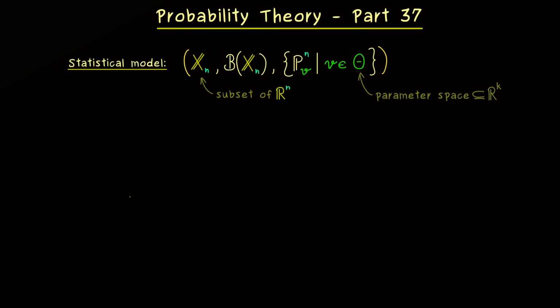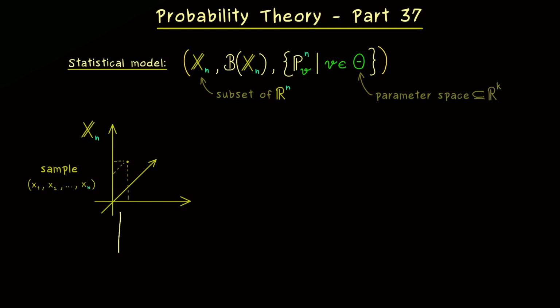And this is quite clear if we look at a short sketch of what we want to do in statistics. So here we have our Xn as a subset of Rn, and a point in it is what we call a sample. So not complicated at all, it just means that we find n coordinates for such a point in the space. Therefore, we immediately get n projection maps, which we can see as random variables.